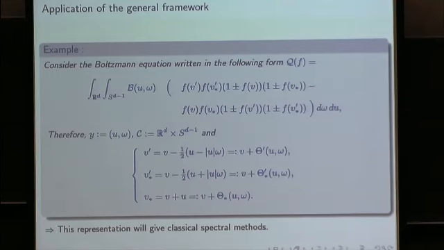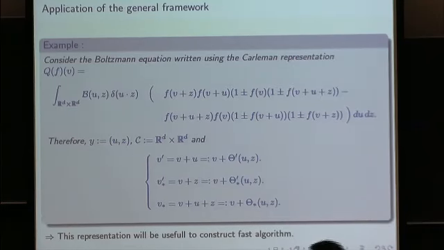So indeed, it enters the framework that I described before. In fact, there are different formulations of the Boltzmann equation, and if I use the Carleman representation now, where I change a little bit my domain of integration, I consider capital C as R^d times R^d. It is just to take into account some symmetries in my operator.